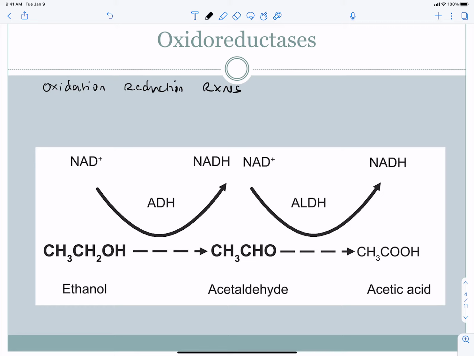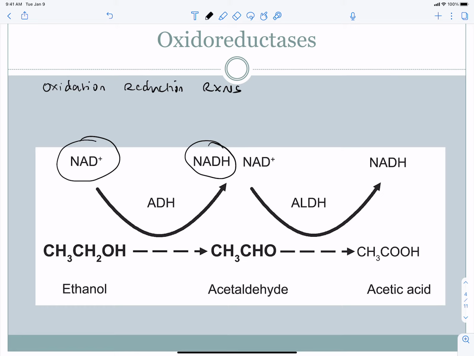Hydrogens are a common form of electrons that get transferred in a chemical reaction. And so NAD is going to pick up a hydrogen. An example shown here is ethanol with alcohol dehydrogenase transferring the hydrogen. And so NADH picks up the electrons.